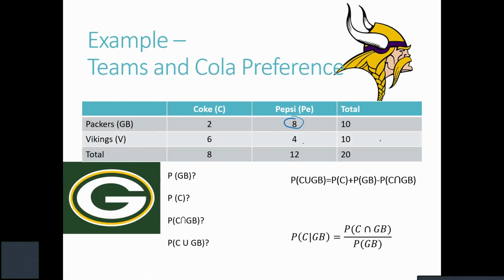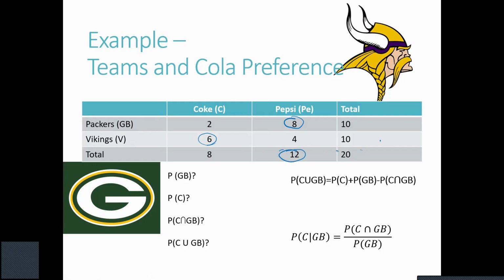There's 8 of them in the Pepsi column and only 2 in the Coke. But the Vikings actually prefer Coke. It's not as strong a preference, but they do prefer it. Overall, if we knew nothing about which team you were a fan of, people prefer Pepsi.